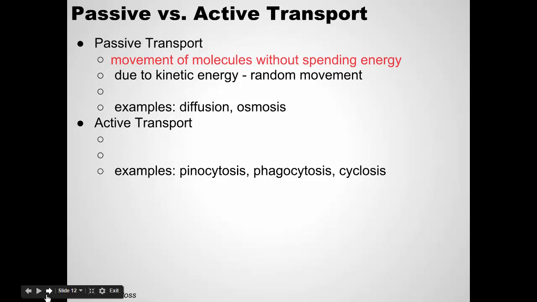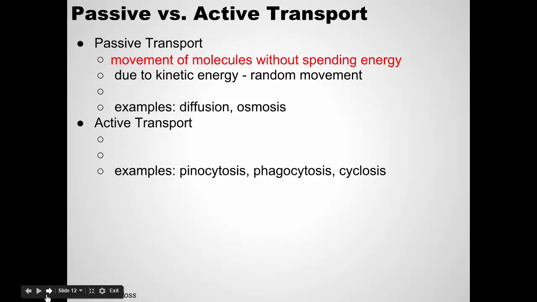Passive transport, by definition, does not require the expending of energy for molecules to move. So when we talk about oxygen diffusing into the cell, that's a form of passive transport. It just happens on its own.